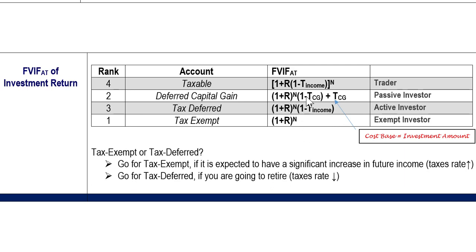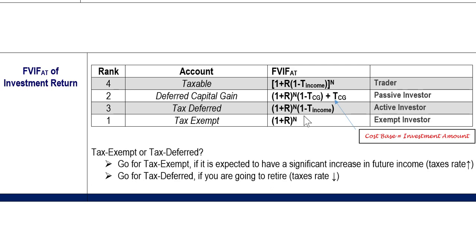We calculate that. The first one, without tax, we suppose they have the same risk-adjusted return. Compounding for n periods of return is (1+R) to the power n. For the tax deferred account, say a retired person puts money in for the next 10 years, and eventually after 10 years you have to pay tax, based on income tax.